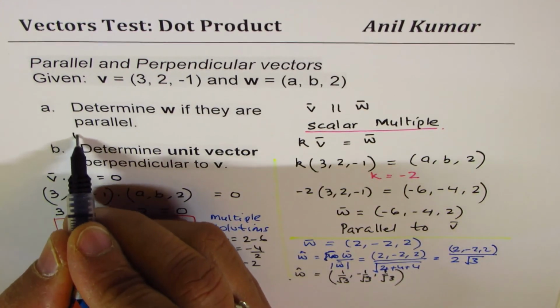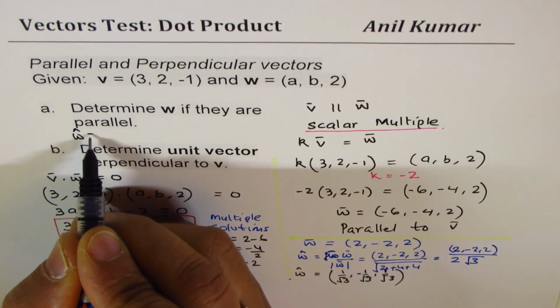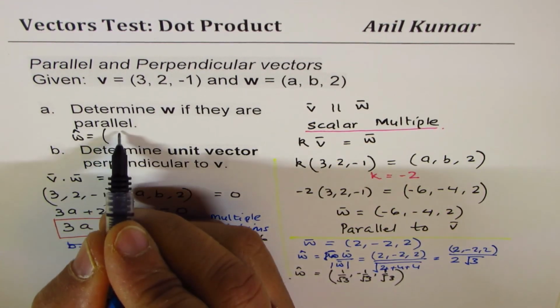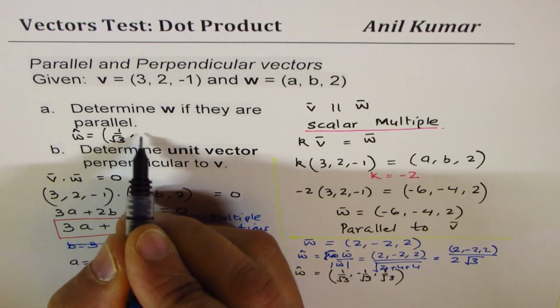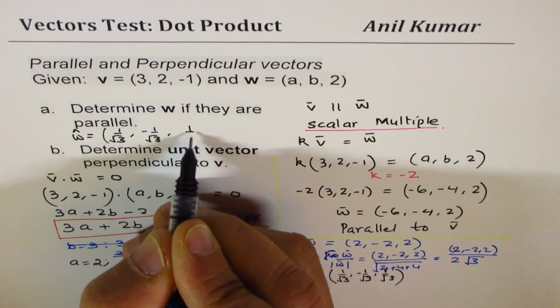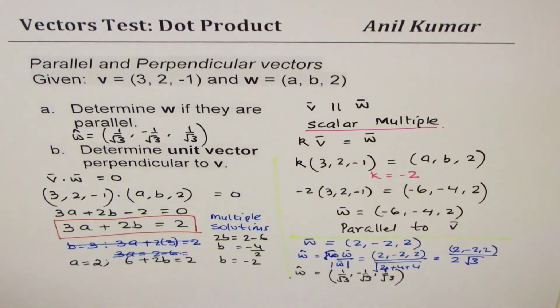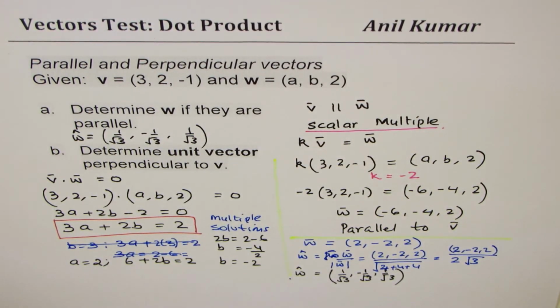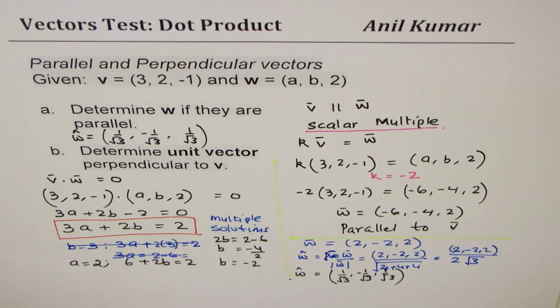So unit vector w will be 1 over square root 3, minus 1 over square root 3, 1 over square root 3. Okay, so that is how you can find a unit vector perpendicular to a given vector using dot products.